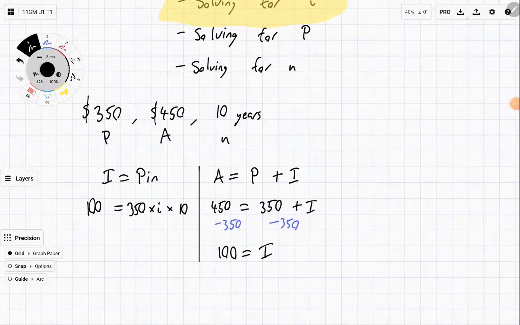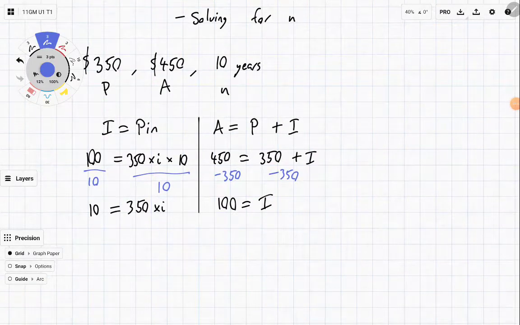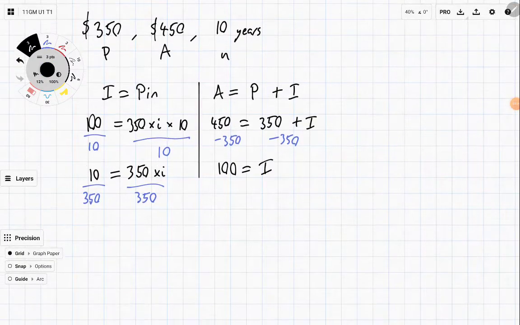Well, the opposite of times is divide, so I'm going to divide both sides by 10. That leaves us with 10 on the left-hand side and 350 times i on the right-hand side. And once again, I'm going to divide both sides by 350. And I'm going to be left with a 35th, which is equal to 0.02857, which I'm going to round to 0.0286.